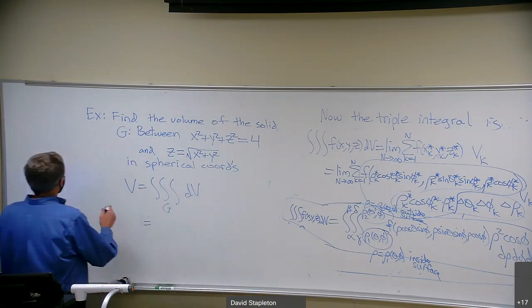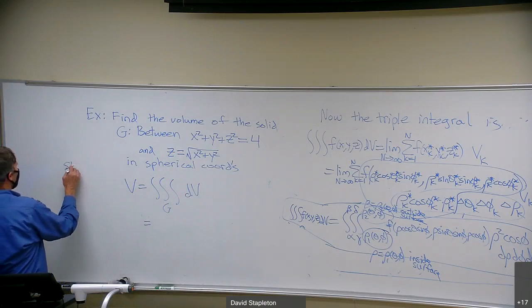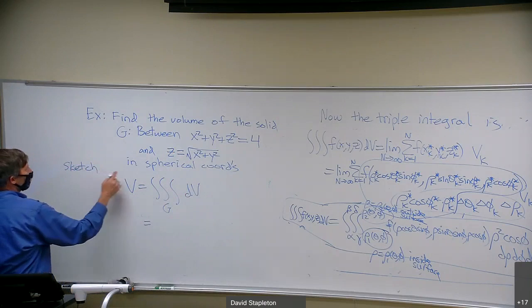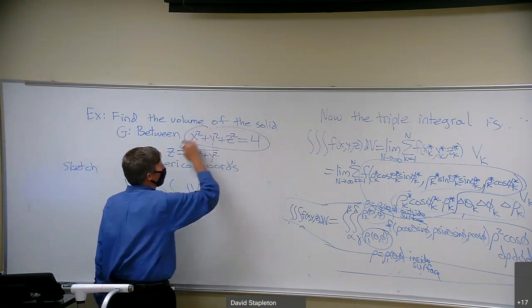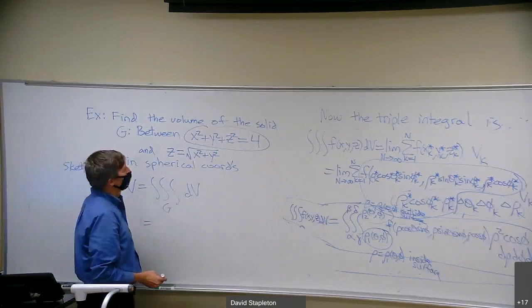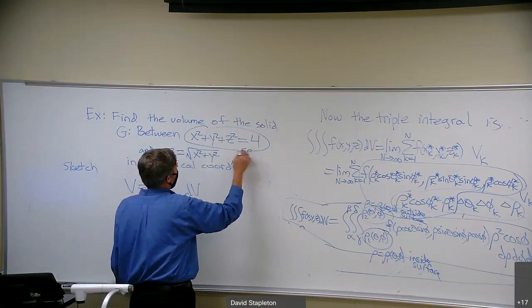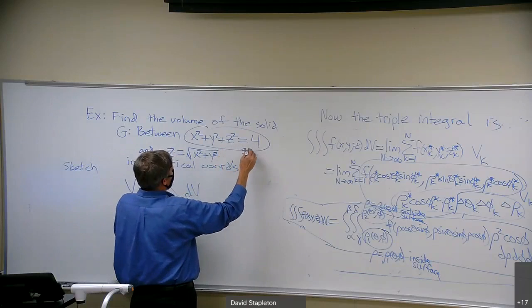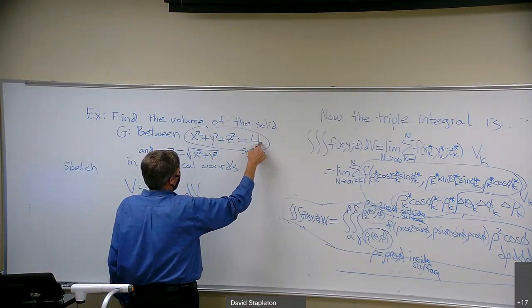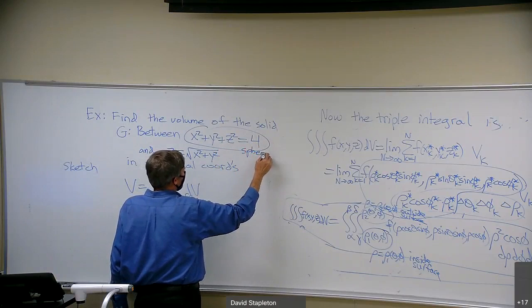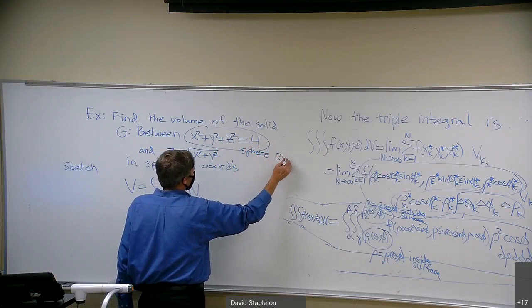What are they? You sketch the solid and see which coordinate system you want to use. This one is what? Yeah, in 3 dimensions, a sphere of radius 2, right? x squared plus y squared plus z squared equals r squared is a sphere of radius r, centered at the origin. Sphere, radius equals 2.